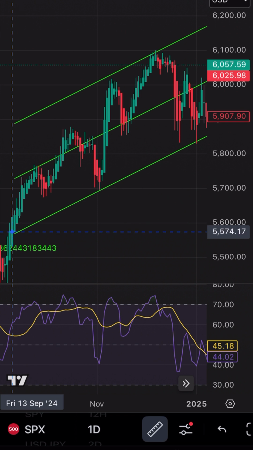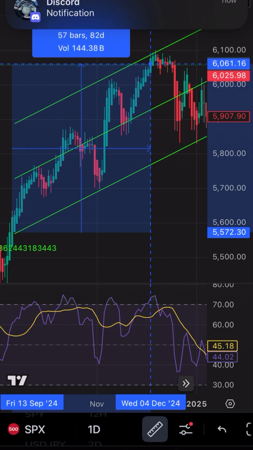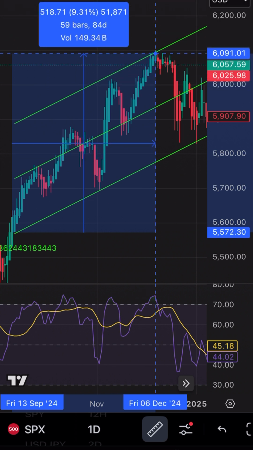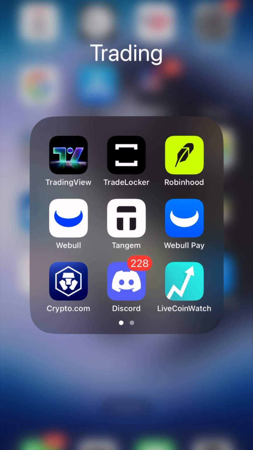Let's just say you got in right here, you saw that cross right here, and then you rode it all the way up here to the top. So this is 51,000 ticks. Let's see how much 51,000 ticks is when you're doing it on Forex.